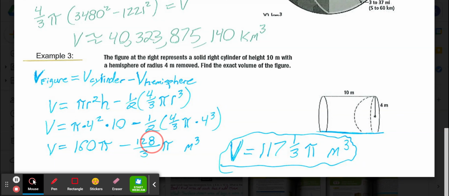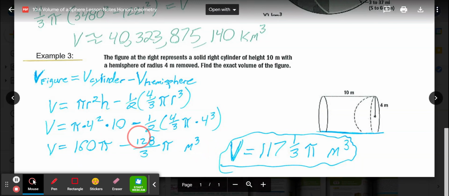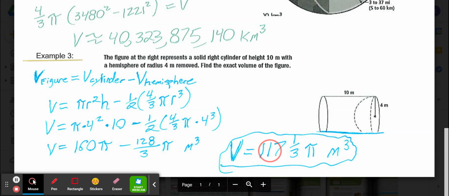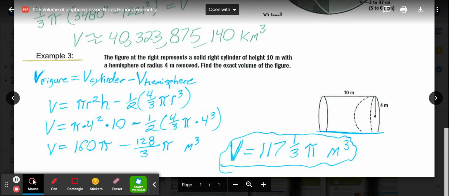So minus 128 over 3 pi meters cubed. So if we then take the 160 minus the 128 over 3, we would get 117 and 1/3 times pi meters cubed. And that would be our exact volume of that cylinder with the hemisphere removed.